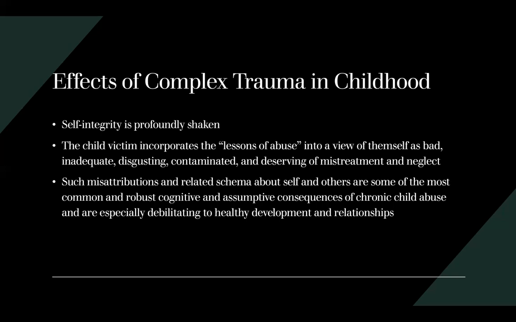So these misattributions and related schema about their self and others are the most common and robust assumptive consequences of chronic child abuse. So feeling bad, inadequate, disgusted, contaminated, deserving of mistreatment. These are some of the most common assumptive consequences. And they can be essentially debilitating in terms of not only healthy development, but the healthy development of relationships.